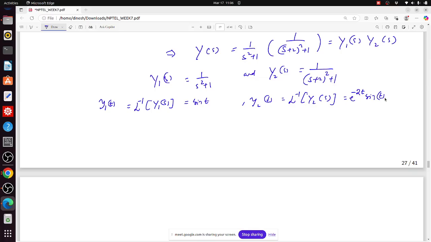The inverse Laplace transform of the product of two functions is equal to the convolution of the inverse Laplace transforms of the two functions, as we saw in the previous example.